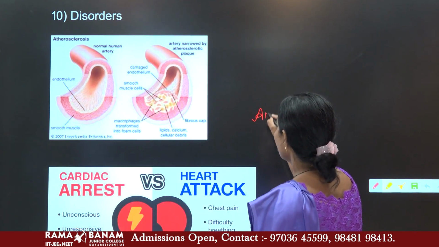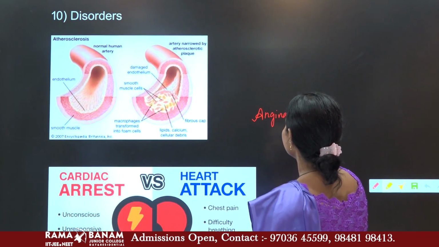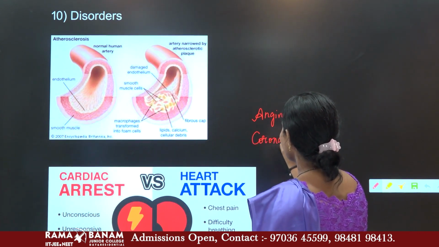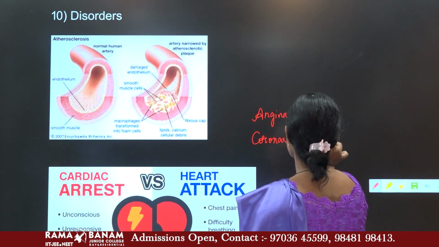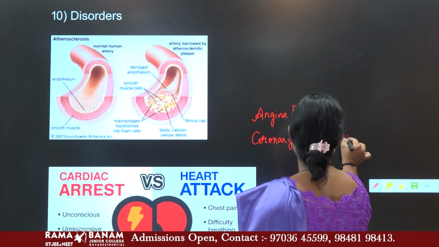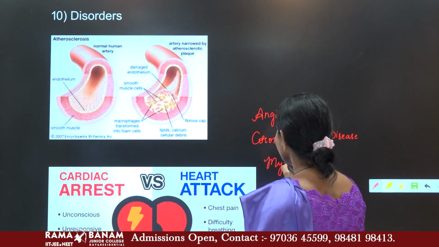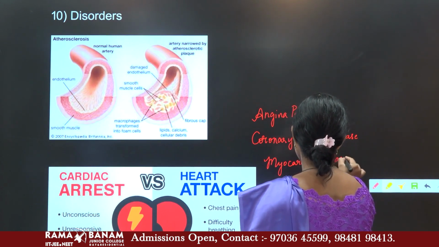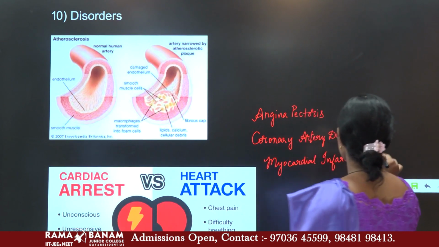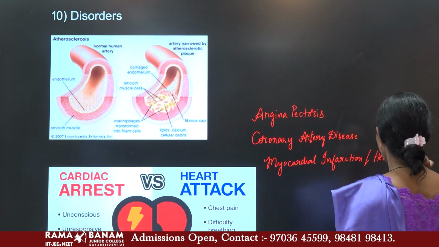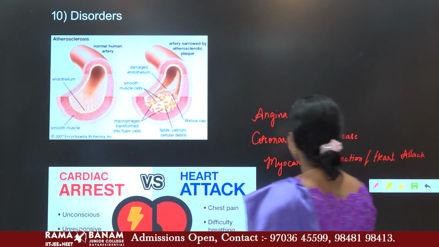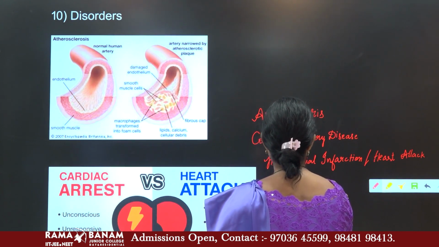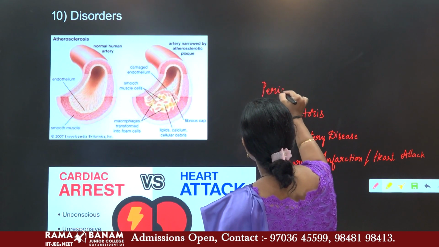Likewise, angina pectoris, coronary artery disease, myocardial infarction, or we can call it as heart attack, heart failure, pericarditis, right, etc.